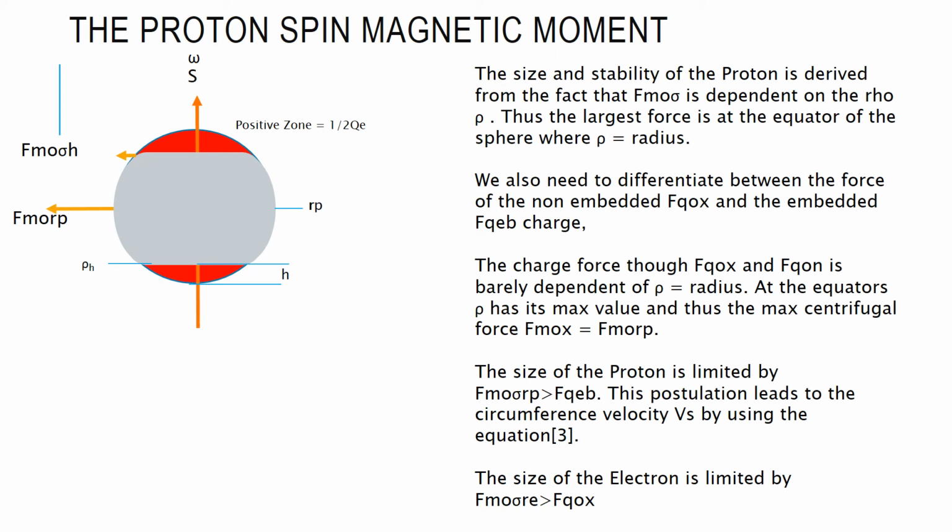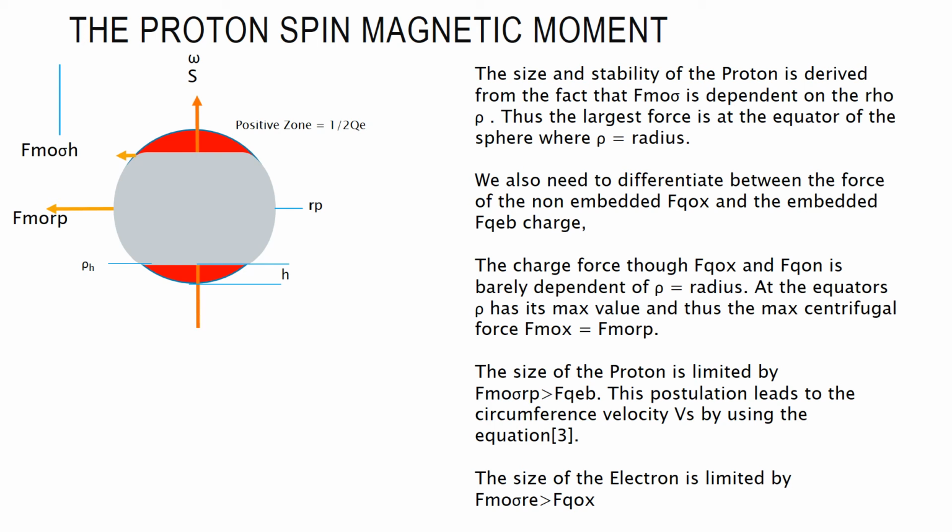The reason is that the size and stability of the proton is derived from the fact that the centrifugal forces are dependent on the rho, or the ring, of the protons, whereas the largest force is at the equator.